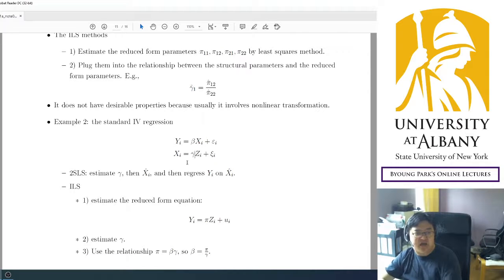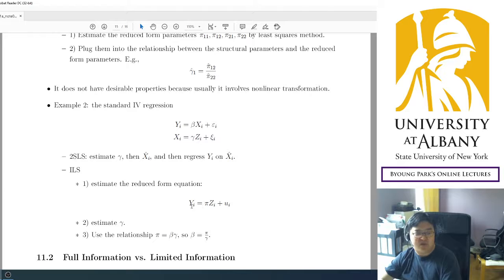First, estimate gamma, which is easy. Estimate the first stage equation, and then estimate the reduced form equation of y on z. And then pi can be written in this way. So beta in the end is the ratio, but never use this method in practice.